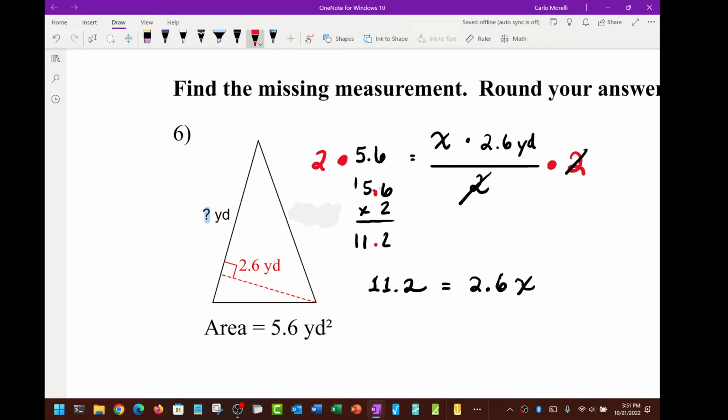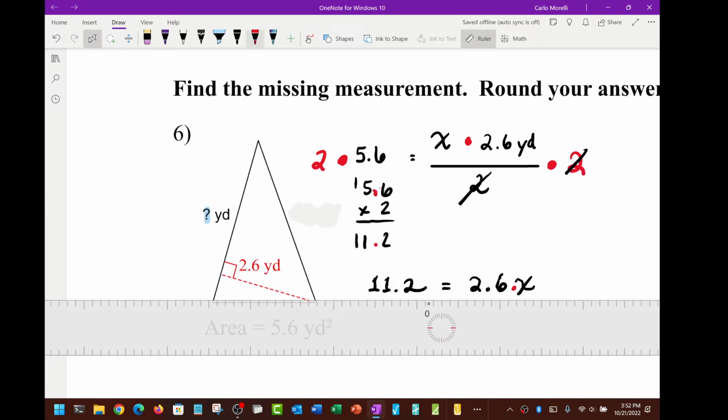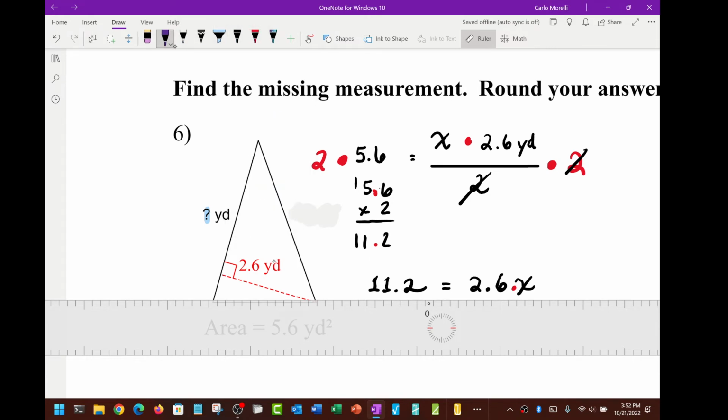It's understood, this multiplication symbol, it's still there. We just don't write it. Okay, so, following along with the normal course of business, we would divide both sides by 2.6. The opposite of multiplication. Okay, so let's divide both sides by 2.6.